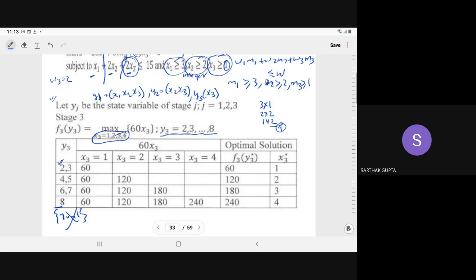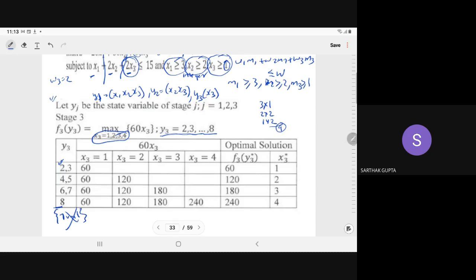If we have the space of 4, 5, then we have the alternatives of 1 and 2, because the unit weight is 2 units. When we have the space of 6, 7, then we have the choice of 1, 2, 3. So that's why I am writing the feasible things in the table.